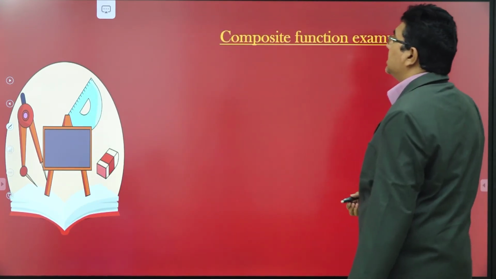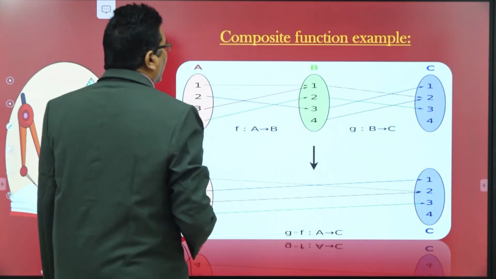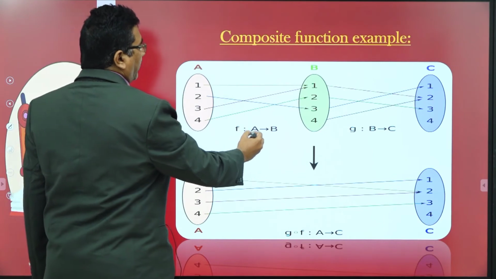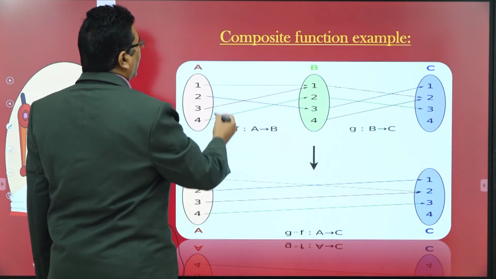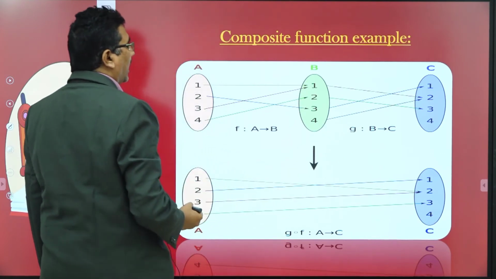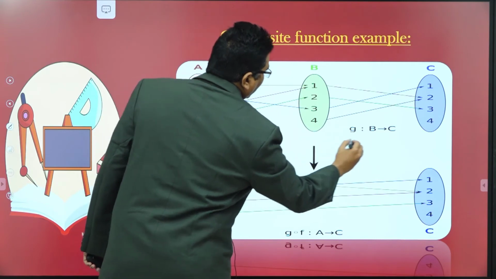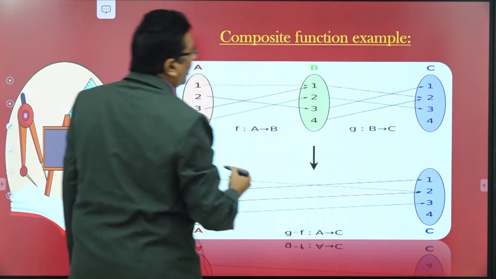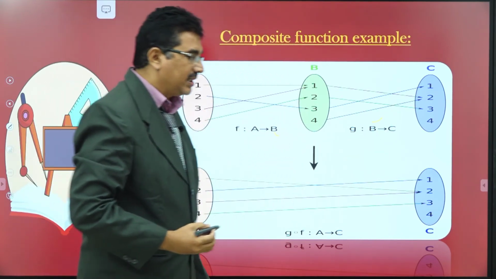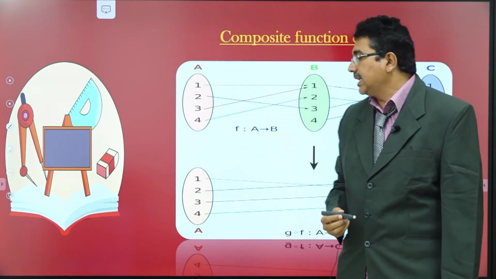See one example of a composite function. Here this is f mapping from A to B, g mapping from B to C, right? Here the codomain of f is the same as the domain of g. That connection is very important to define a composite function.